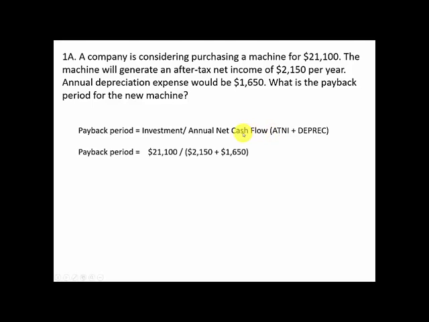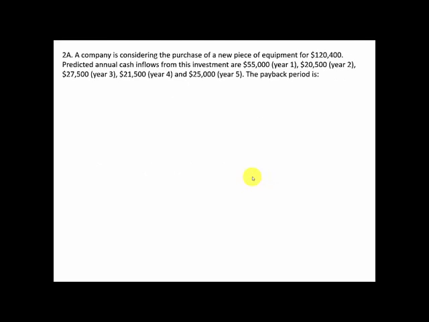In this problem, the investment of the machine was $21,100, and you're going to divide that by the sum of the after-tax net income of $2,150 plus the depreciation of $1,650, and that's going to be $21,100 divided by $3,800, which is 5.6 years. Again, shorter is better. The quicker you get your money back, the better this situation looks.